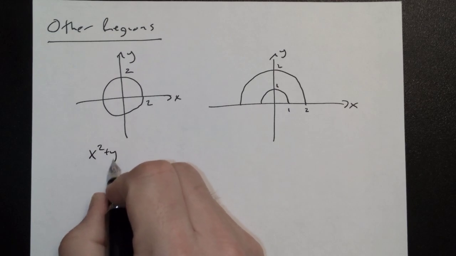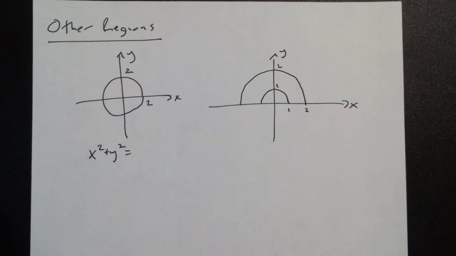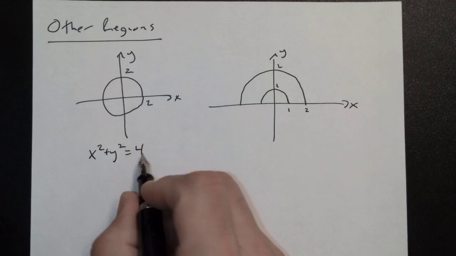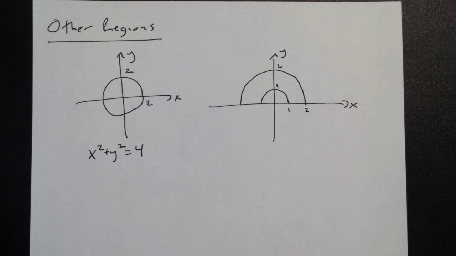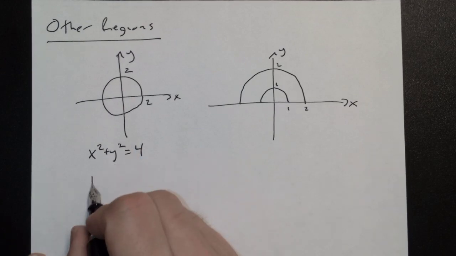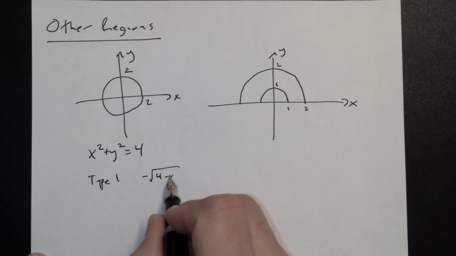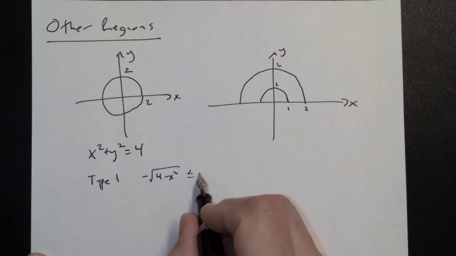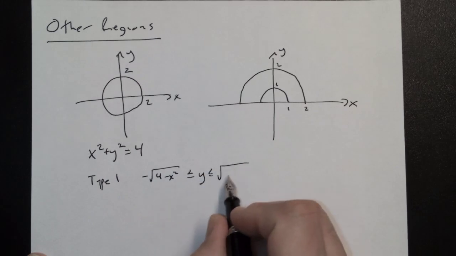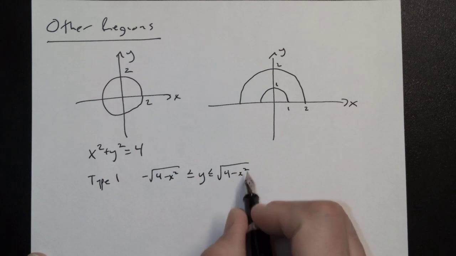Almost. Not root 2. It's 2 squared. And if I wanted to do this as a type 1 region, I'd have to write this as y equals. So if I did this as type 1, it would be negative root 4 minus x squared less than or equal to y less than or equal to positive root 4 minus x squared.